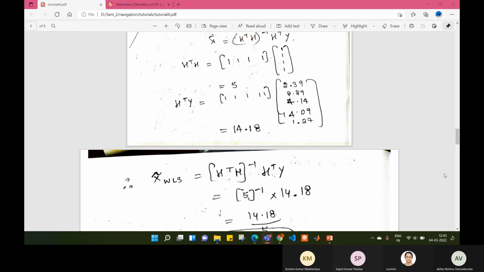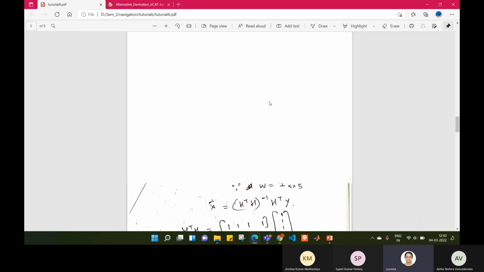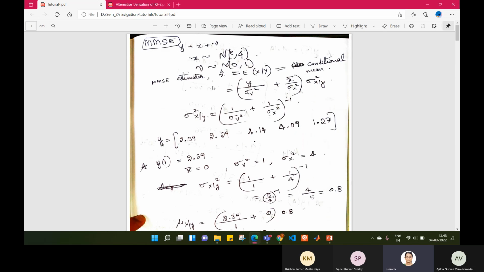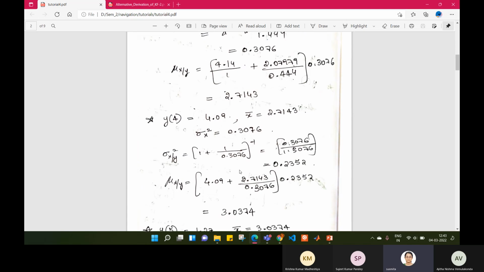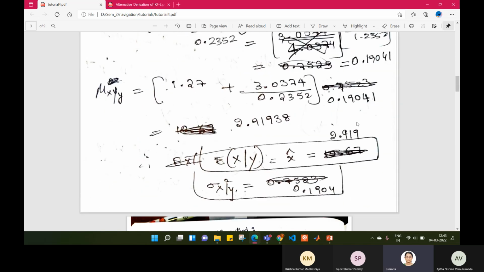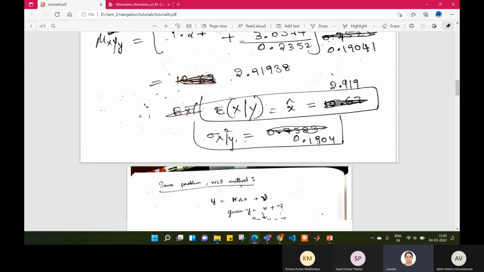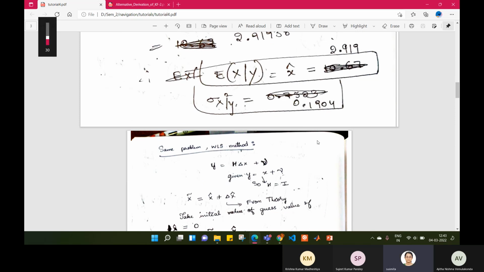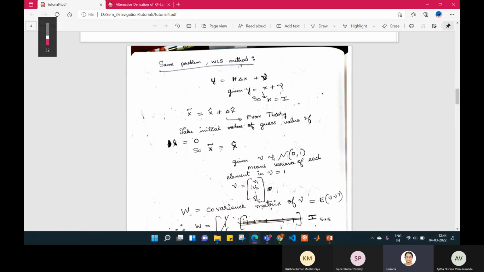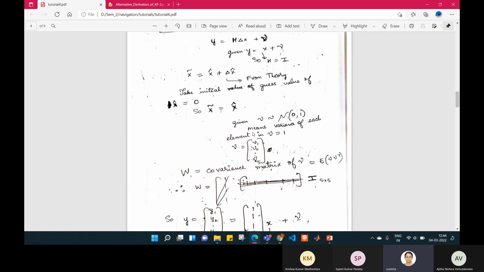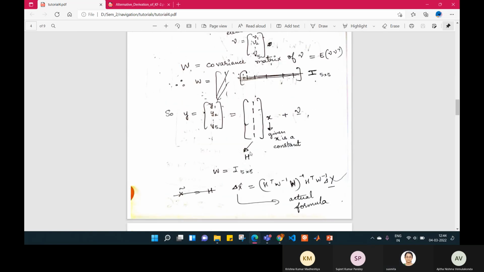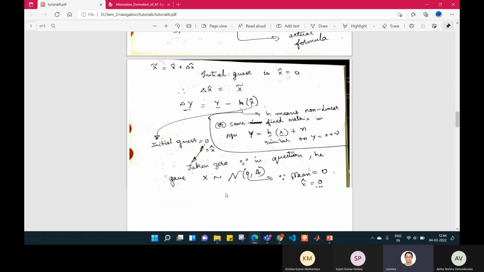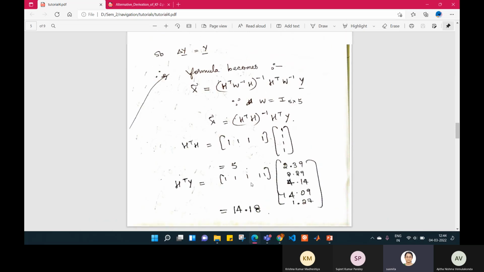Can you see my screen? Yes. First of all, I tried the MMSE method on the question you have given, and I got the estimate value as 2.919. Then I tried the same problem with the WLS method. What is your H matrix?